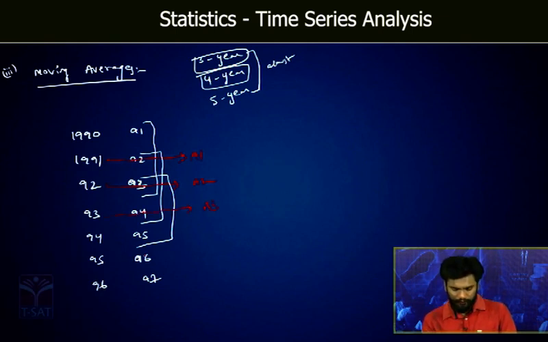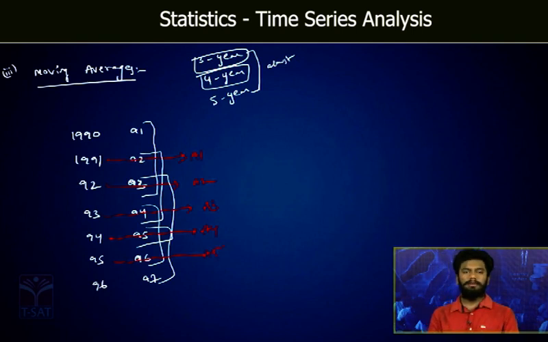The same way, for 94, 95, 96, I will assign the averages A4, A5 values. See here, in the 3-year moving average there is no value for 1990 and no value for 1996. That is, 2 values will be reduced in the 3-year moving average. There is a null value here, and a null value here. Okay?